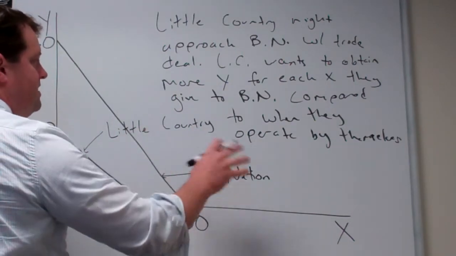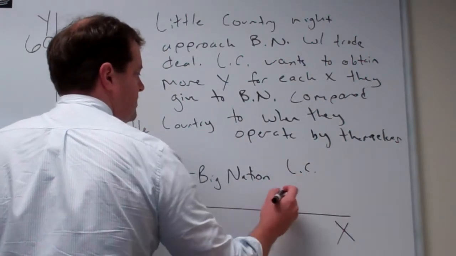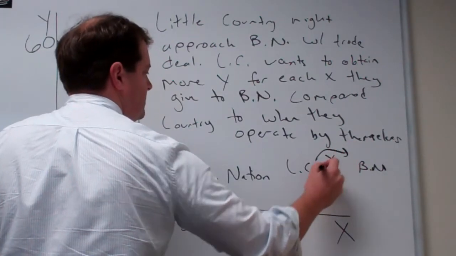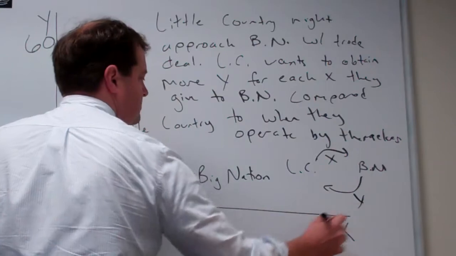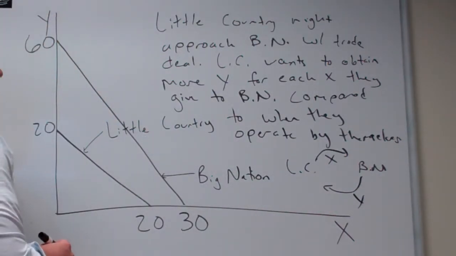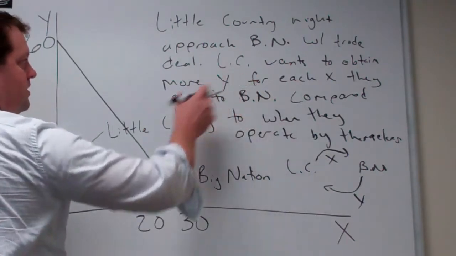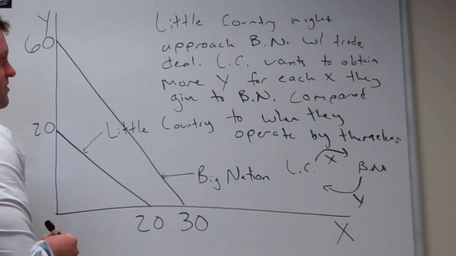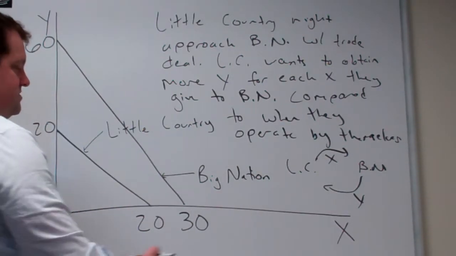It's going to be trading X over to big nation. So you can imagine here, here's little country, here's big nation. X is going to be leaving little country. Big nation's going to be trading some Y over there to little country. So we've got to figure out the cost of this. And there's little country's goal, right? Little country wants to obtain more Y for each X they give to big nation compared to when they operate by themselves.